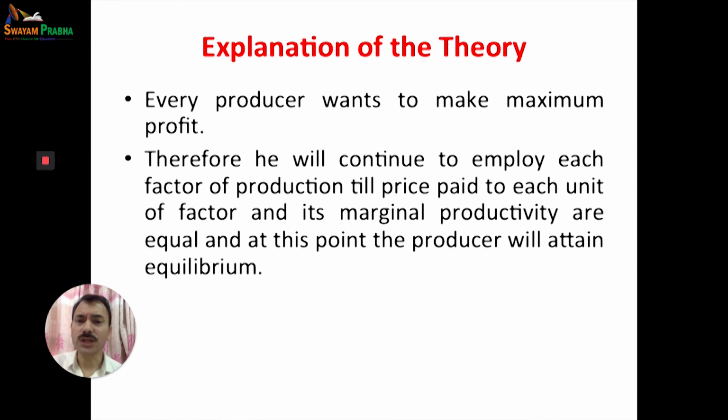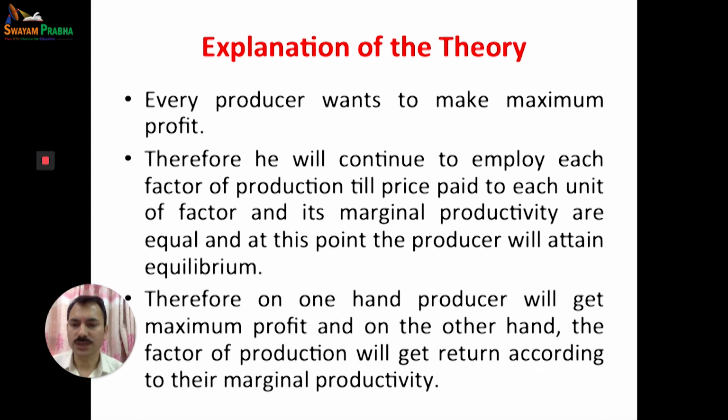So every producer wants to make the maximum profit. This is the objective of the producer or of a firm, profit maximization. Therefore, he will continue to employ each factor of production till the price paid to each unit of the factor and its marginal productivity are equal. At that point the producer will attain equilibrium. So the equilibrium point will be where the price paid to each factor of production is equal to its marginal productivity.